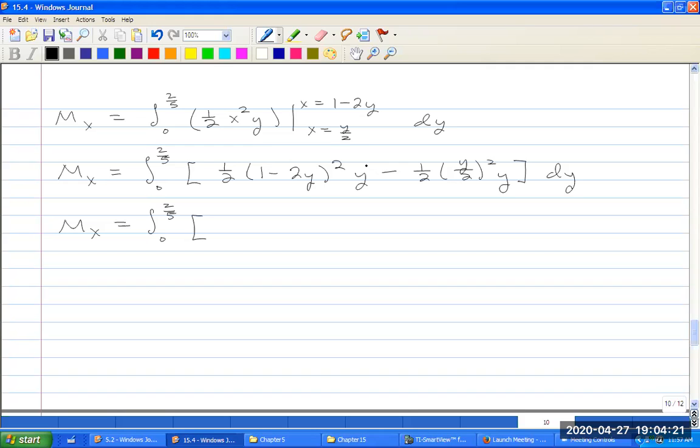Multiply a half y inside that. So I get 1/2 y minus, so that's a 4, so that becomes a 2, and a y times a y is y squared. Plus, last term is a 4y squared times a half is a 2y squared times y is y cubed, plus 2y cubed.